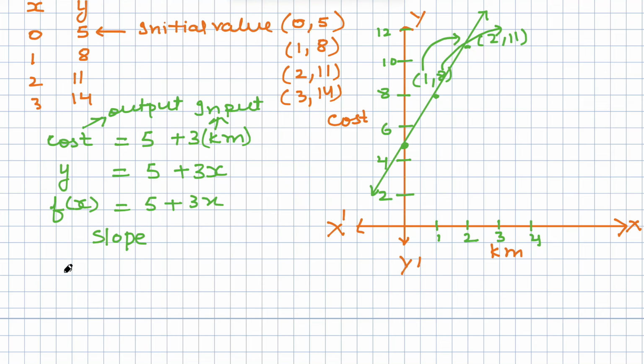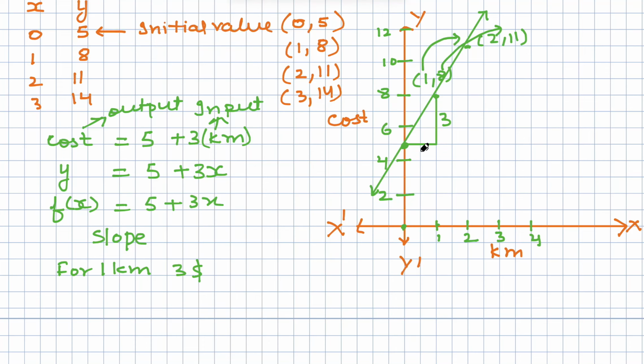That means I can say for 1 kilometer, $3 are charged, right? So if I take 2 points, for example, this is point 1, this is point 3. So this one is the rise, how much you are going on a vertical line. And how much you are going on a horizontal line, this is the run.